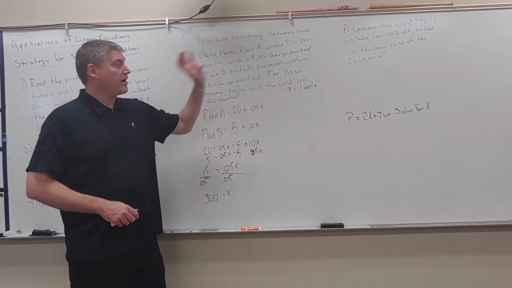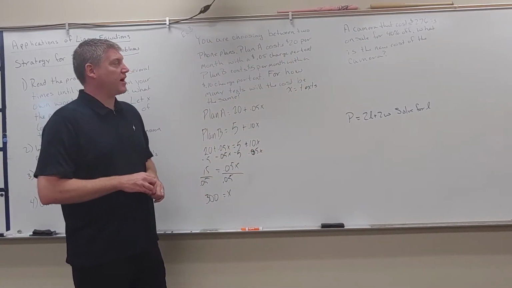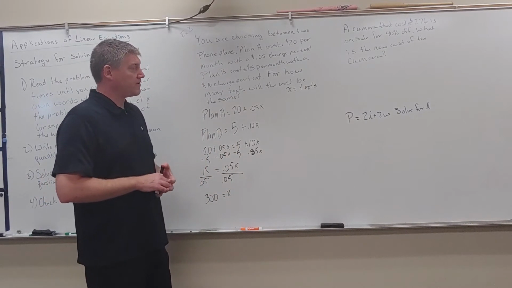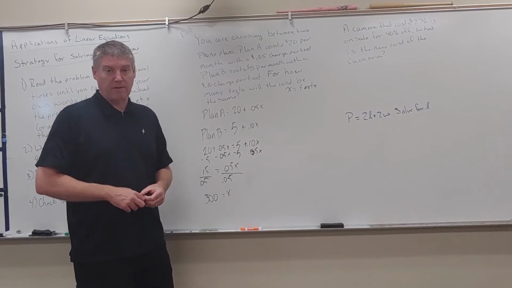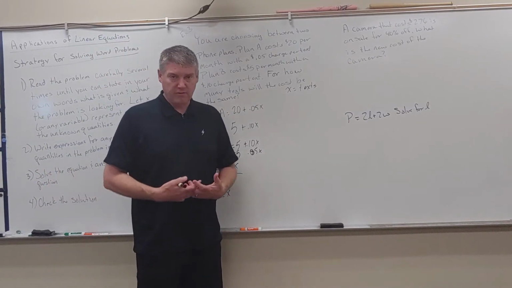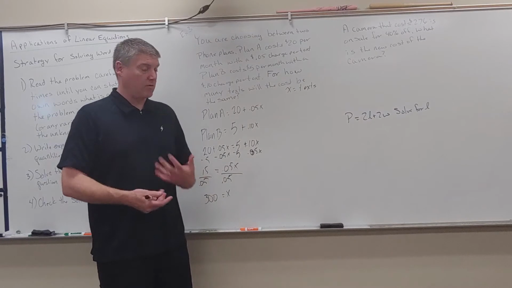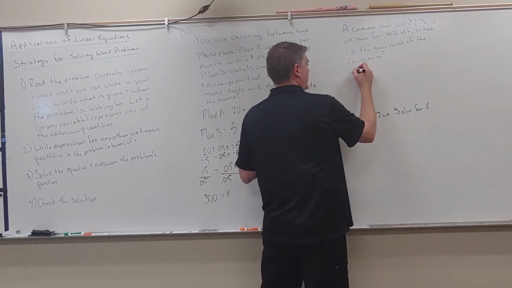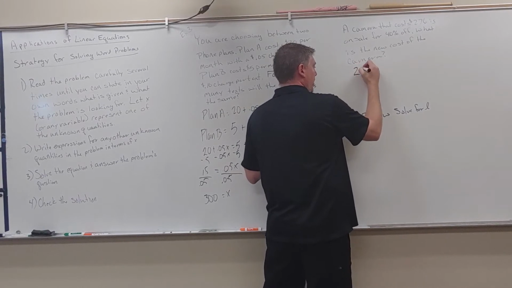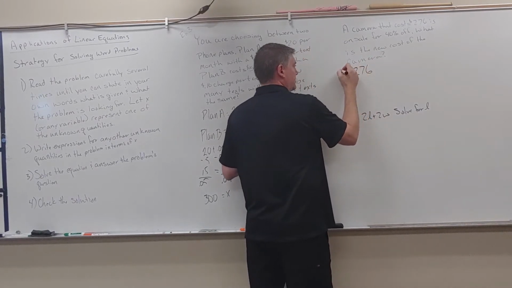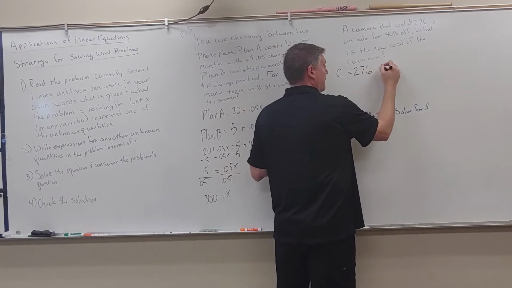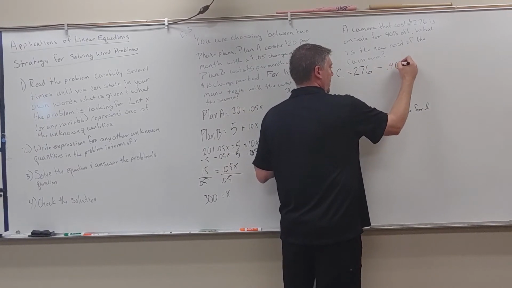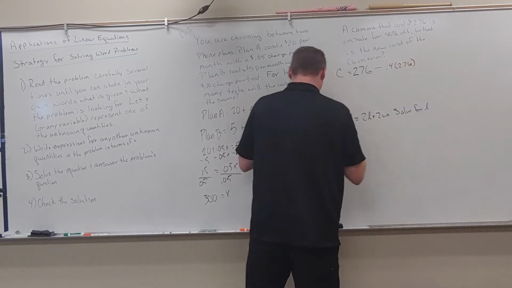Now, our next one says a camera that costs $276 is on sale for 40% off. What is the new cost of the camera? I'm going to show you 2 different ways to do this problem. Okay? So the first thing is, my original price minus my percentage off, 0.4 times 276, okay?